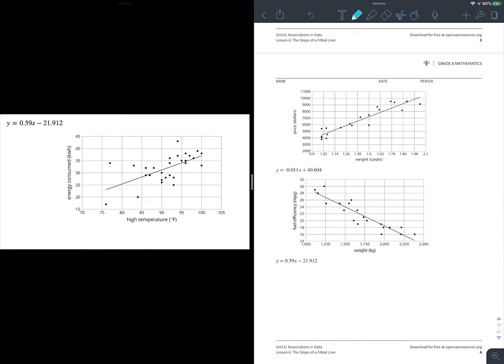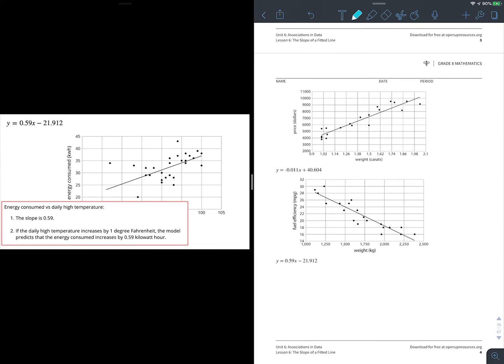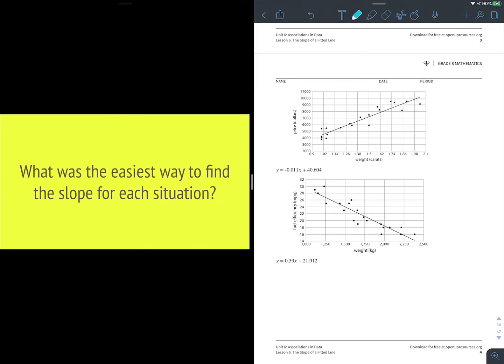In that next one, which is our last one, we would say the slope of the line is 0.59. If the daily high temperature increases by 1 degree Fahrenheit, the model predicts that the energy consumed increases by 0.59 kilowatt hour. So now in thinking about all of that, what was the easiest way to find the slope for each situation?